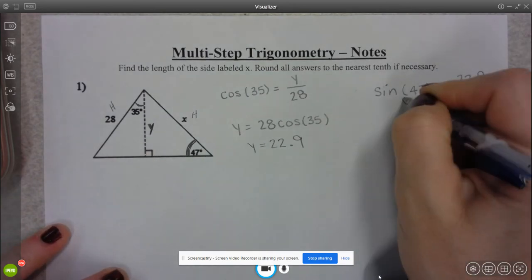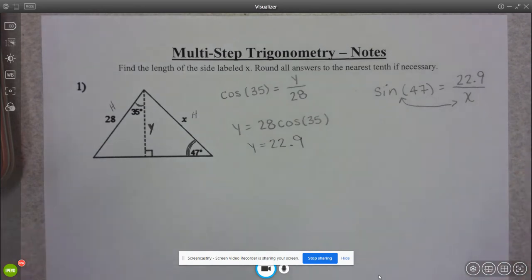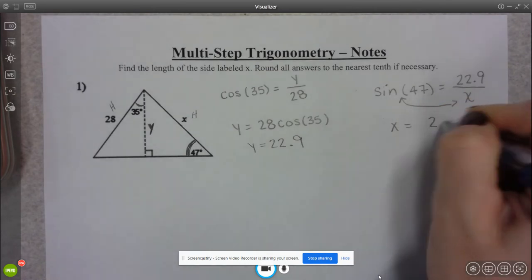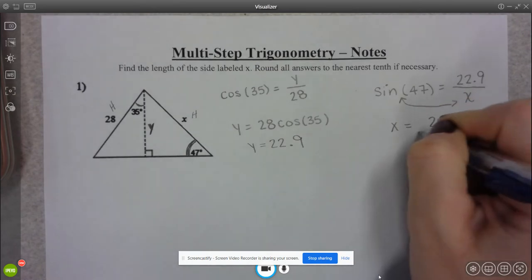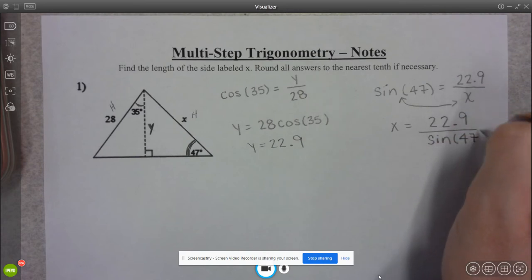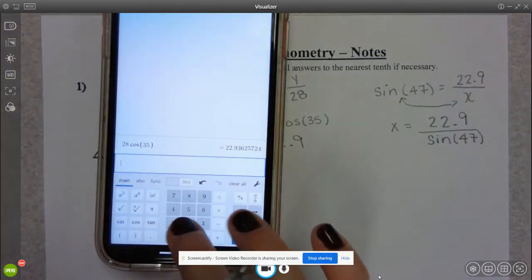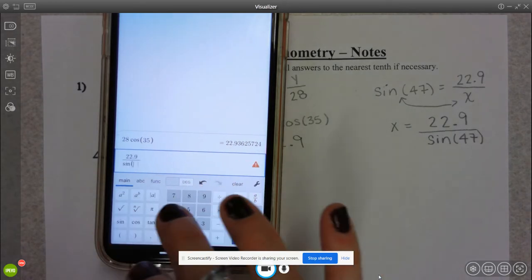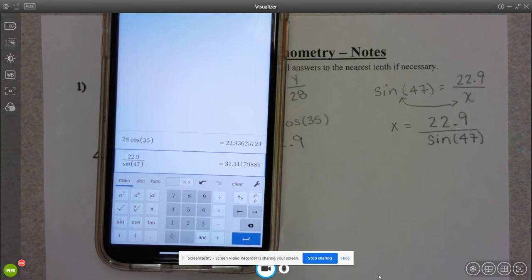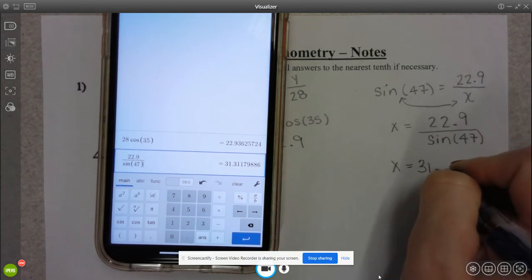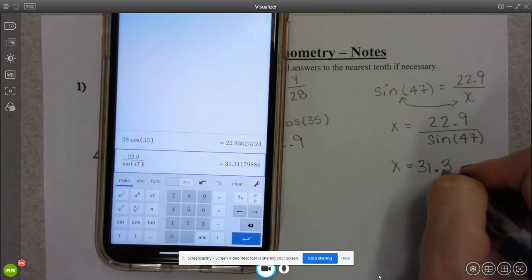This is a scenario where I'm going to switch those two. So I know that X is going to be the same thing as 22.9 divided by the sine of 47. So I'm going to do 22.9 divided by the sine of 47. And it tells me that X is 31.3.